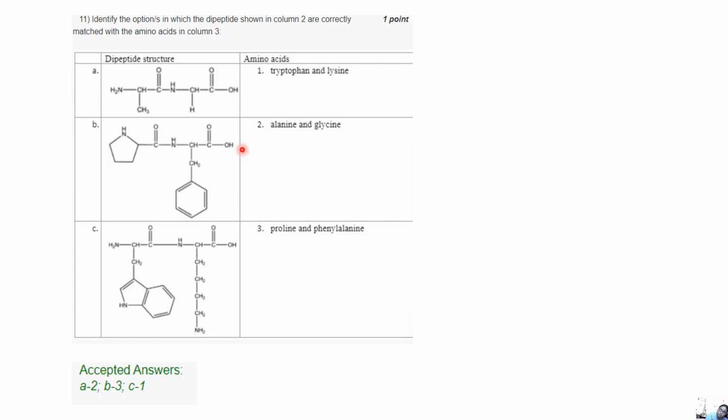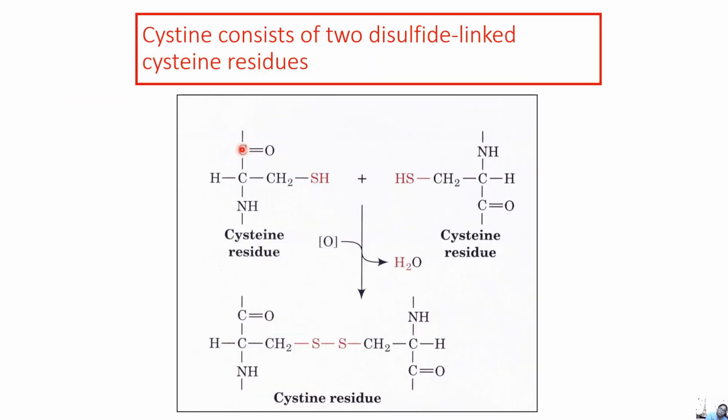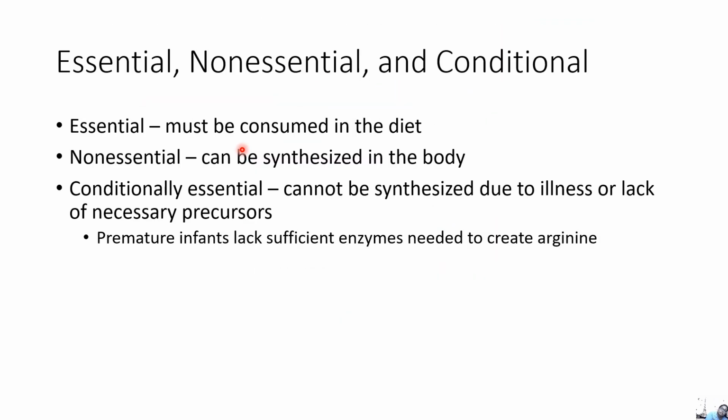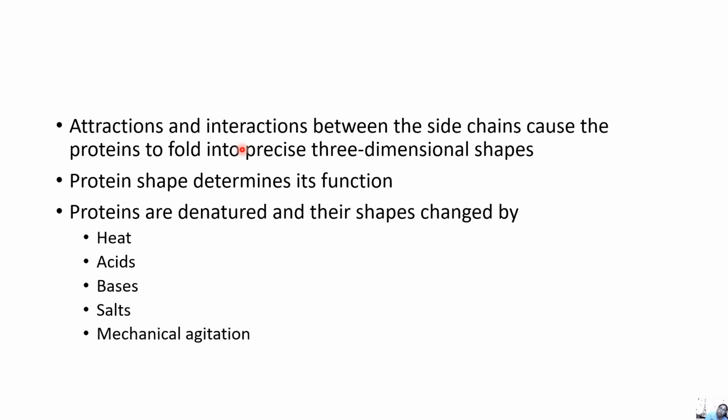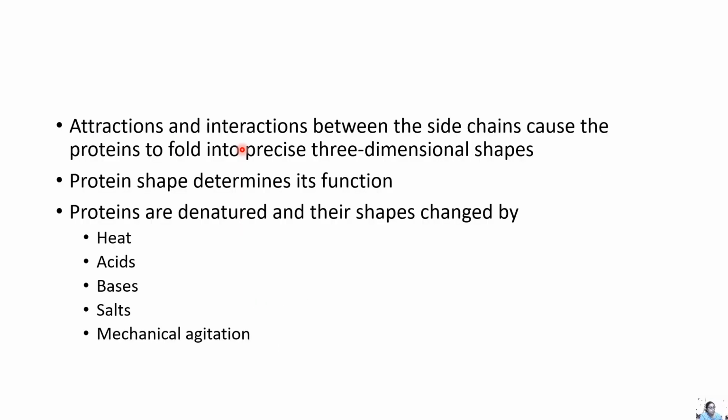A will be alanine and glycine, B will be proline and phenylalanine, and C will be tryptophan and lysine. Okay, so that's the difference between all the different amino acids. They're structurally different because the side chain, the R group, is different. Otherwise, all of these will contain an amino group, a carboxyl group, but the R group is different.